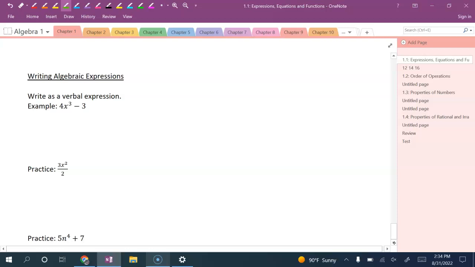So for example, this first one, you're taking 4 times, so I'm going to write 4 times, and it's that x, or a number, to the 3rd power, or you could say a number cubed.